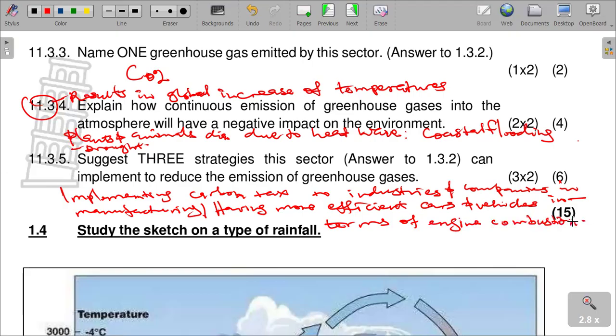This helps to reduce carbon gases. We can also talk about matters to do with promotion of use of public transport.